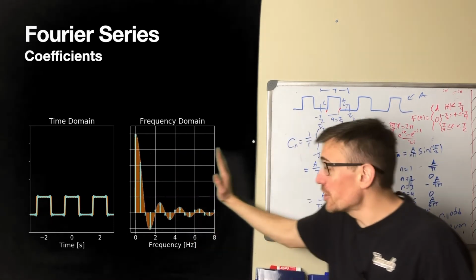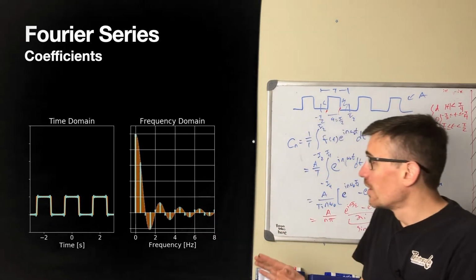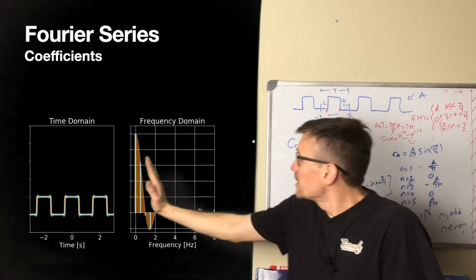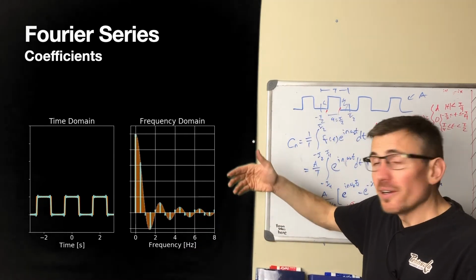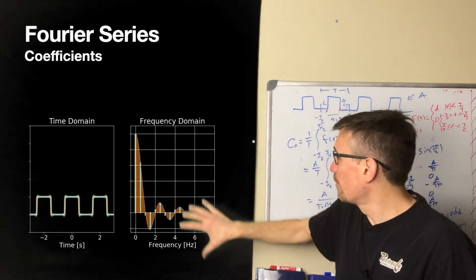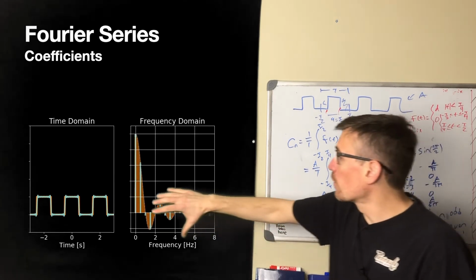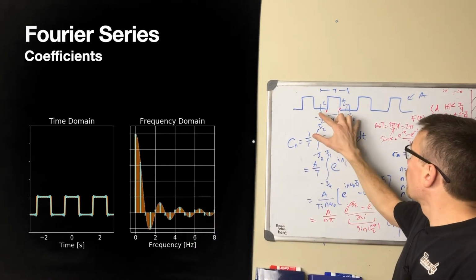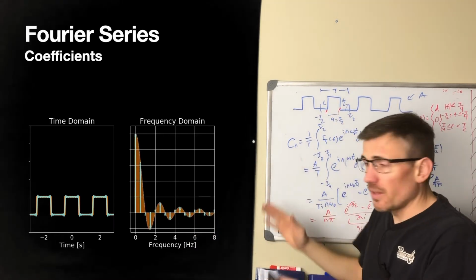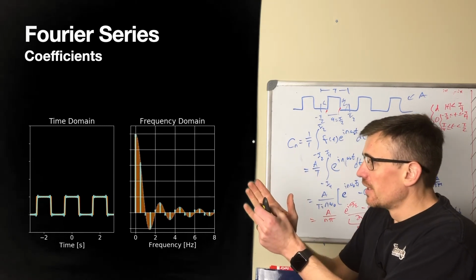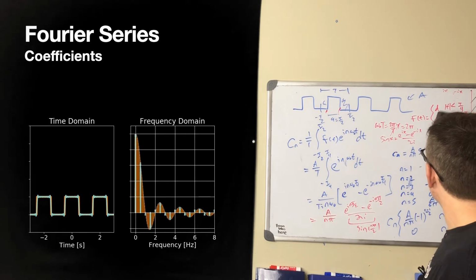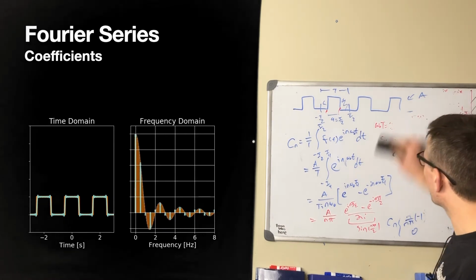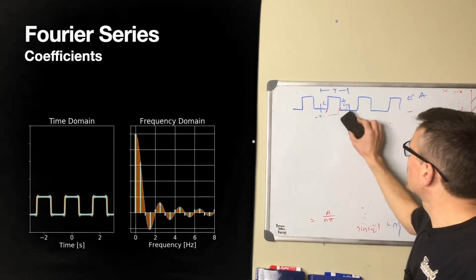Now, if we really pay attention to what's going on in frequency space here, the frequencies are evenly distributed. They're distributed by 1 over the period, right? It's proportional to 1 over the period. So if this period was longer, was wider, the frequencies would be closer together, and vice versa. But let's think about this even more fundamentally. What does this mean if we don't have a symmetric square wave?